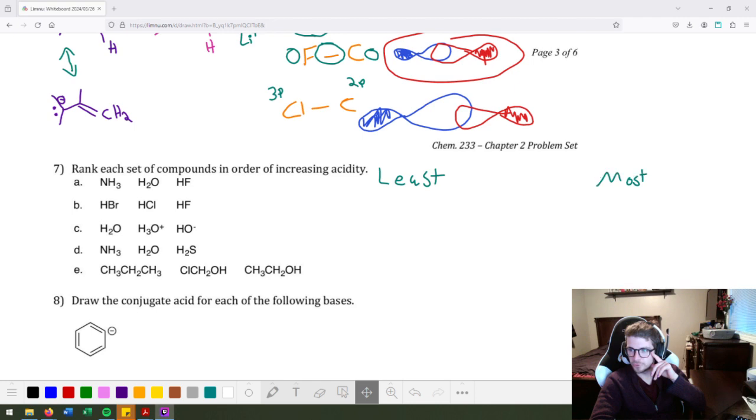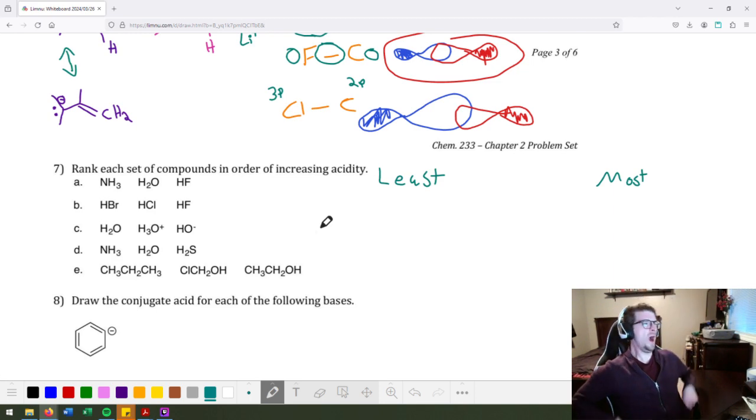Yeah, goodbye border. There we go. Okay, better. Okay, so for this series we've got NH3, which is ammonia. We've got water, and we've got hydrofluoric acid.